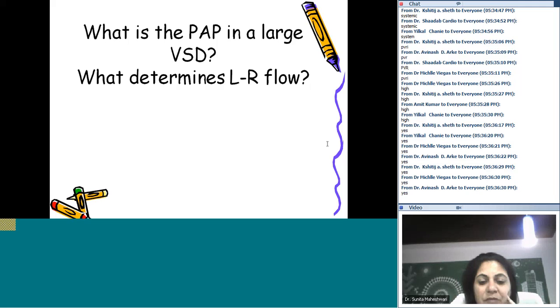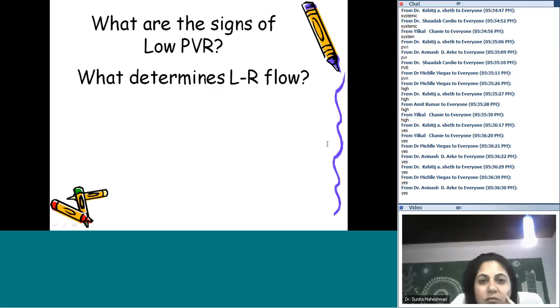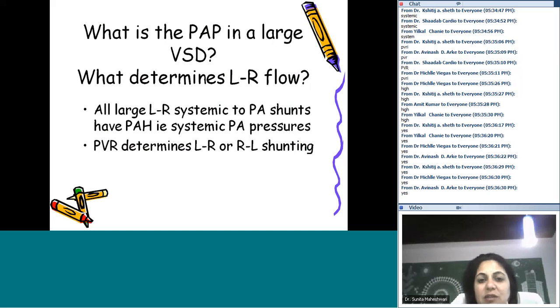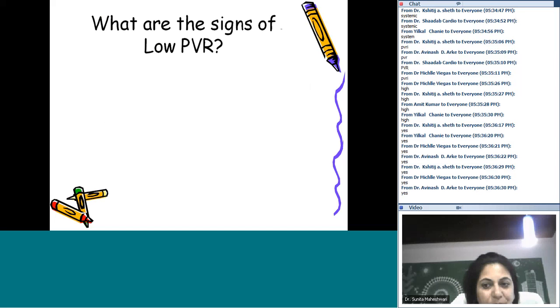So what are the signs essentially of low pulmonary vascular resistance? Can you put them down? Everyone put down all the signs of low pulmonary vascular resistance. Don't put 1, put all the 5 or 6 signs.